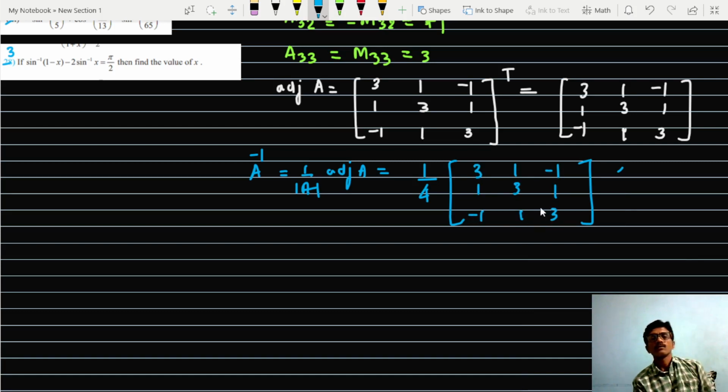This is the adjoint, so this will be the inverse of the matrix.